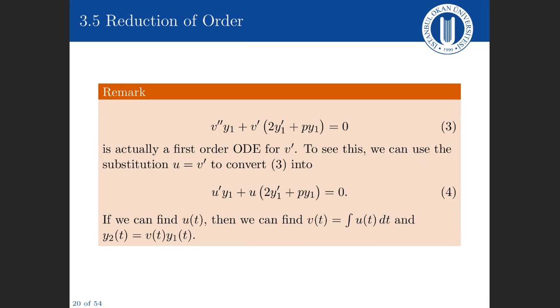This is a first-order differential equation for u. We know how to solve first-order differential equations, so we can find u. And then after we find u, we can integrate to find v. And then after v, we can do v multiplied by y1, and this will give us our second solution, y2.